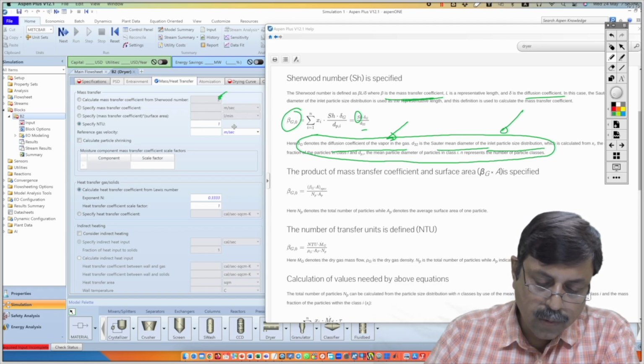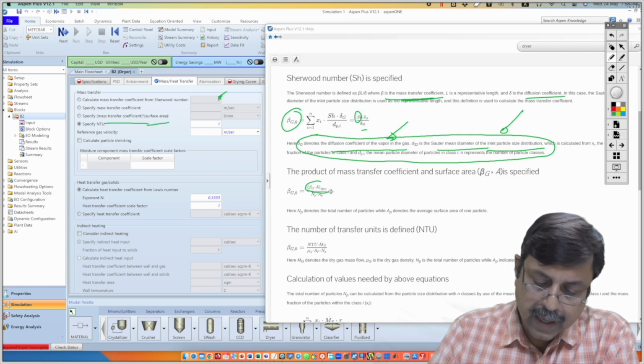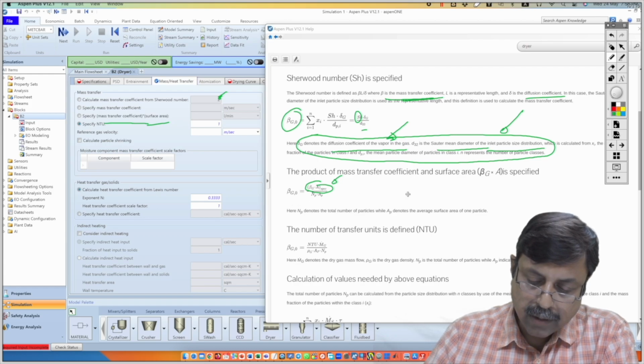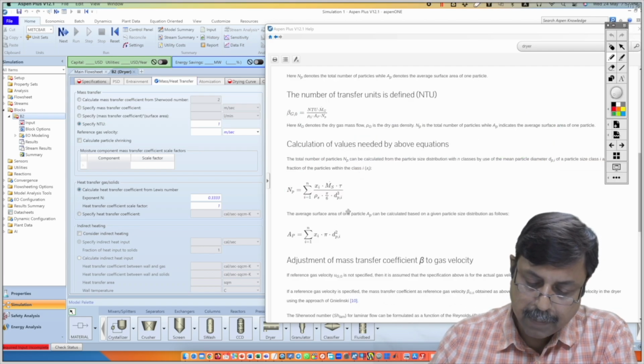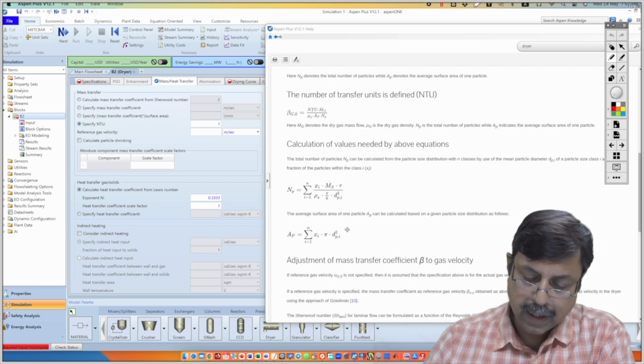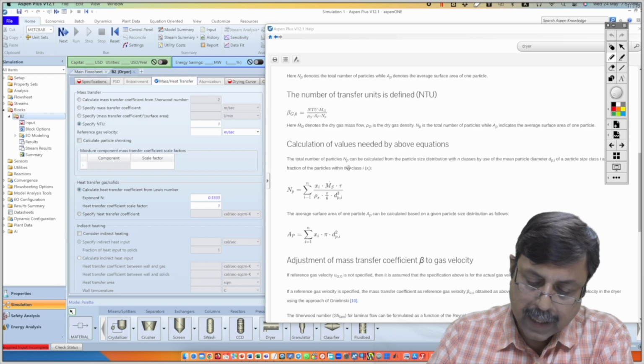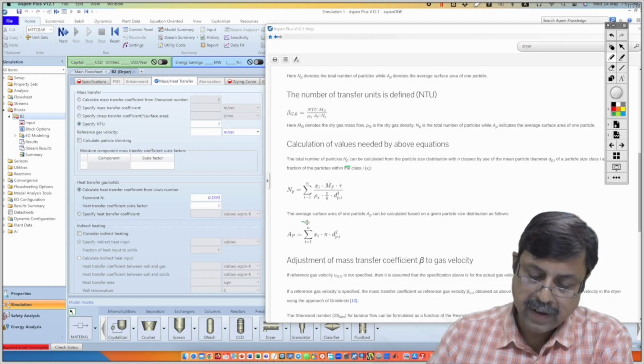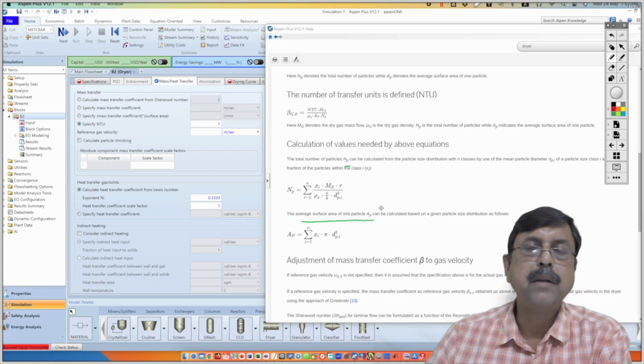Alternatively, if you provide the mass transfer coefficient multiplied by surface area, then the mass transfer coefficient will be calculated if you know NP and AP. This is NP and AP, their total number of particles, and AP is the average surface area of one particle.